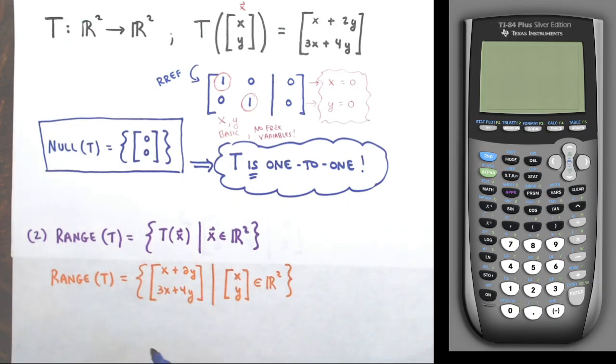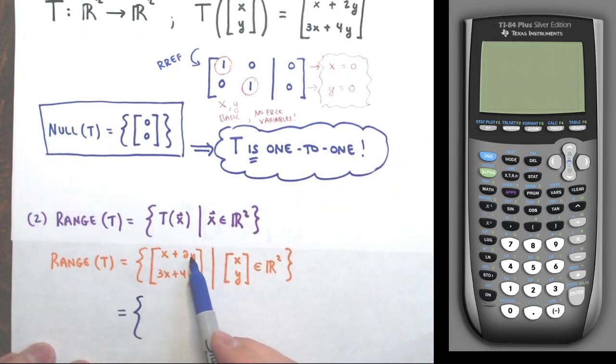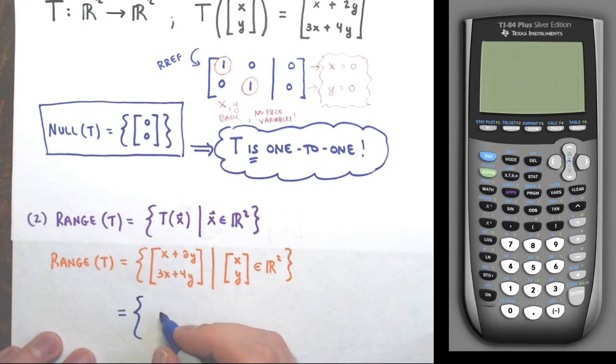So let me think of an alternate way that I could write the range. You notice how these two variables, these two inputs, x and y, are part of the components of the outputs here. So what I could do is take this vector that all the outputs look like, and split it up into a sum of two vectors, one involving x and one involving y. And x and y are real numbers, so I could pull those out like a scalar, reversing scalar multiplication.